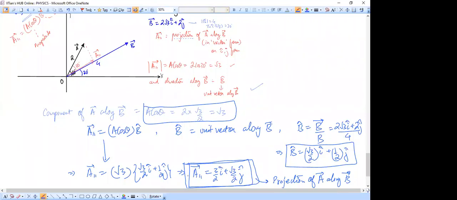So what we have calculated over here is this vector, the one which is shown with the red arrow. This vector, this one. This is now nothing but this.